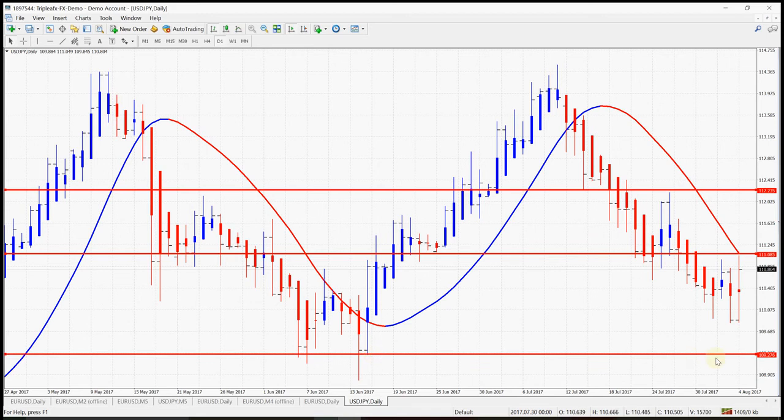Okay, so this is where your profit level is, and this is your stop loss. So let's see the risk reward ratio for this one. Risk is 116 pips, and the reward is 180 pips. This is a good trade to take as well.